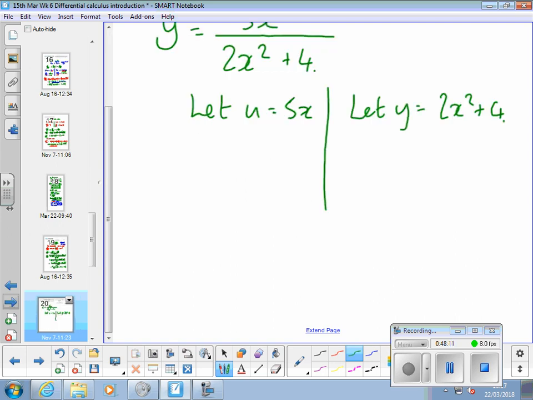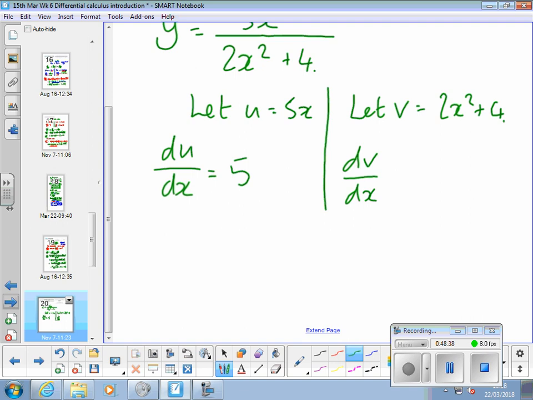Differentiate. du by dx is equal to 5, because that's x to the 1, so the x term disappears.